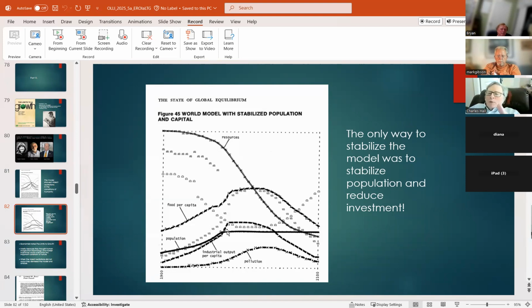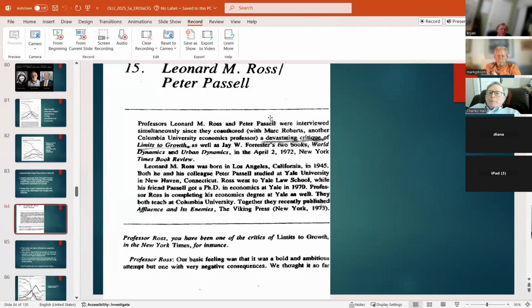They had to deliberately stabilize the population with birth control or whatever, but also to make the model stabilize, they had to reduce investment. Well, you can imagine this was not looked at very happily by economists. They hated it and had devastating critiques and so forth.